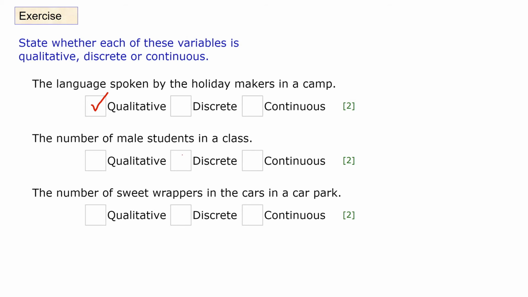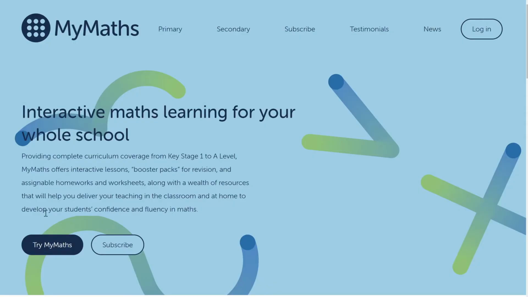So when we're counting, that is discrete. And then the number of sweet wrappers in the cars in a car park, you'd count the amount of sweet wrappers. So that would be discrete data. So just going through these, remember qualitative data are words, discrete data are numbers that we can count, and continuous data are numbers that are measured.